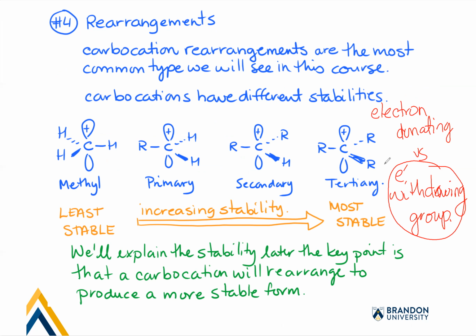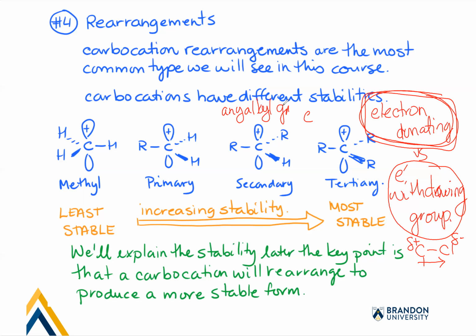So if you've got fluorine or chlorine, carbon bonded to a chlorine, this bond is polarized in this direction, and carbon will be delta plus, chlorine will be delta minus. So we've seen a whole bunch of electron withdrawing groups, but what about the groups that were electron donating? One of the groups that was electron donating was carbon. So basically any alkyl group. So alkyl groups are, of course, carbons, right?